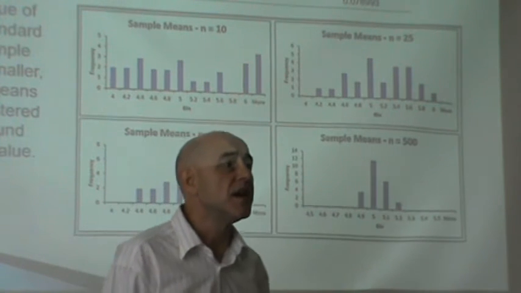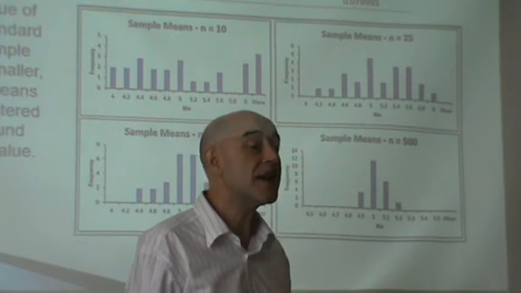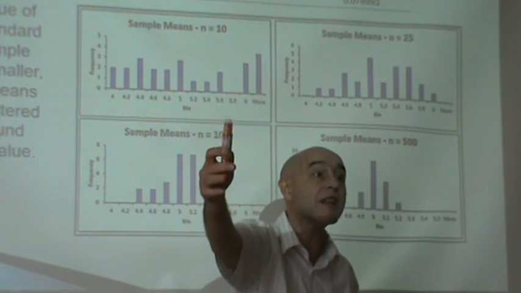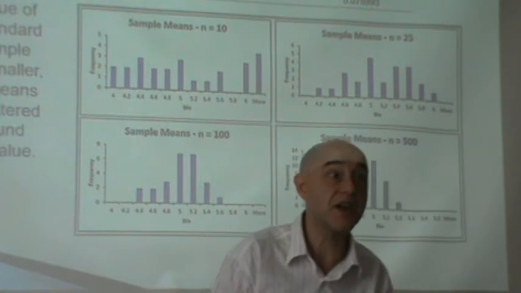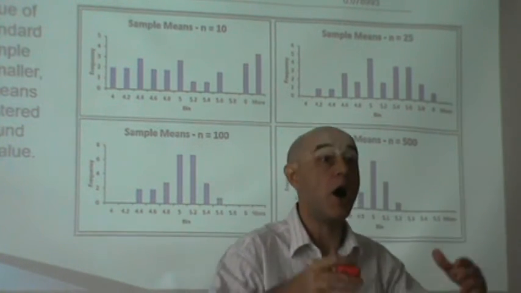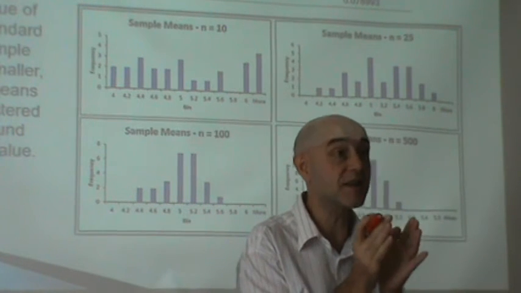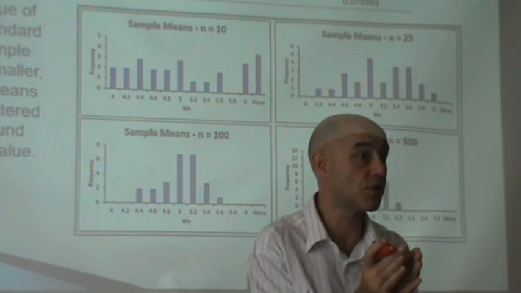So it's a very simple, common sense lesson. If you just take one person, the measure is going to be horrible. If you get 20 people, the measure is going to be a lot better. But if you get 100 people, the sample is going to give you something very close to the truth.